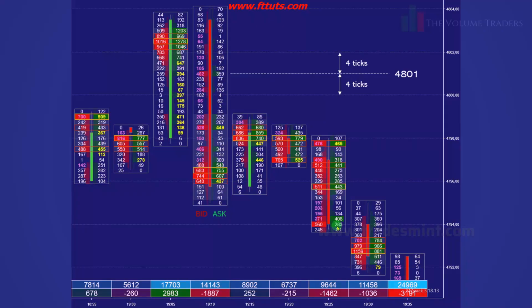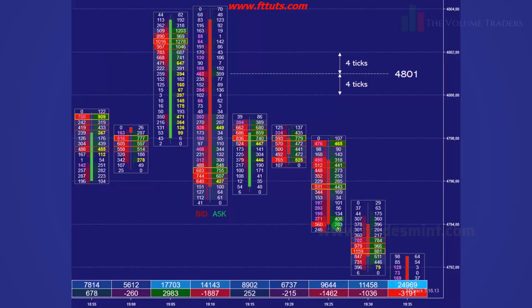And now I want to show you some confusions, because as I said, all we see on the footprint chart are executed orders. So not only live market orders, like we are trading, since most of us use market execution, but on the footprint we also see the limit orders.